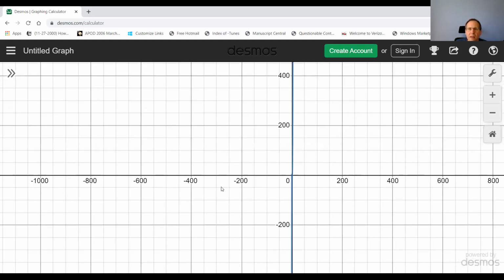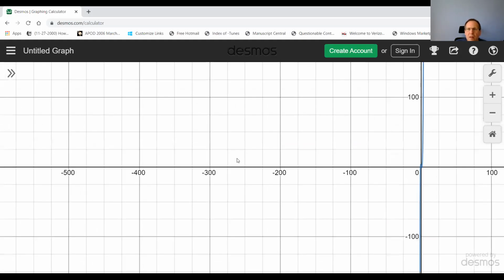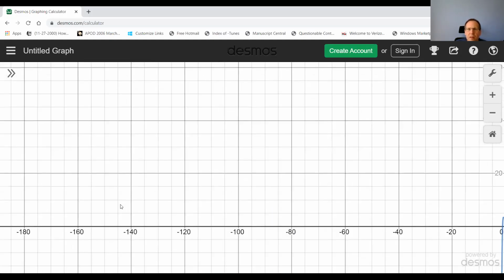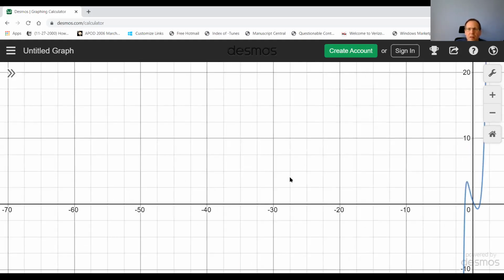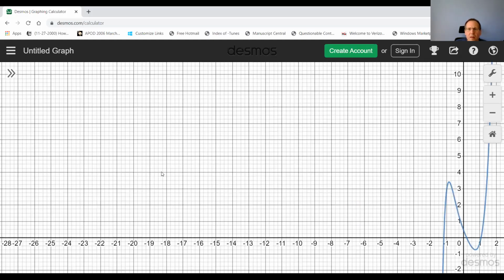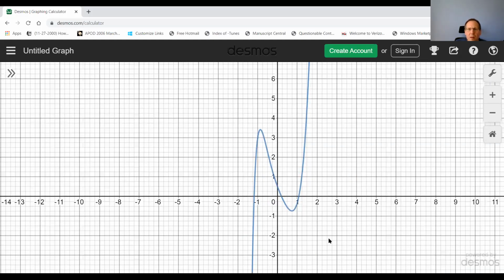I guess I'll have to zoom in. But clearly you can see that the function does not approach some constant value. As x gets larger and larger, it's blowing up. As x gets smaller, it's going towards negative infinity. Okay, so there's no horizontal asymptote in this case.